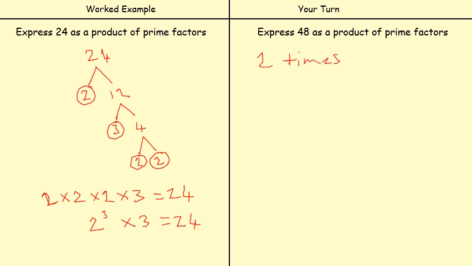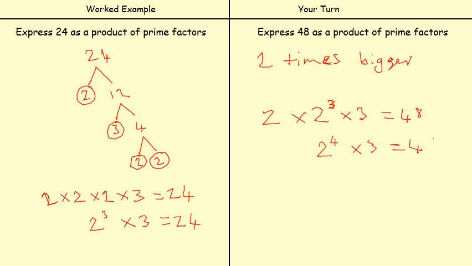And if you know 48 is 2 times bigger, then all you have to do, rather than doing your prime factor tree again, is you can say I've got another 2 and I'm going to multiply it by my 2 to the power of 3, and I'm going to multiply that by my 3. And we know that's going to equal 48. And we can simplify that down then to 2 to the power of 4 multiplied by 3, and that's going to equal 48.